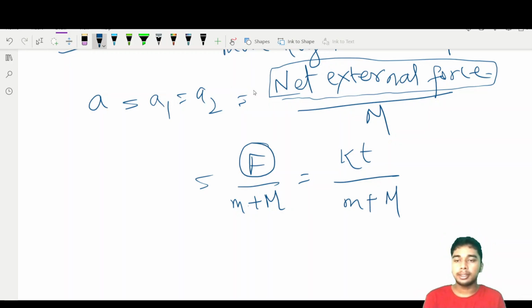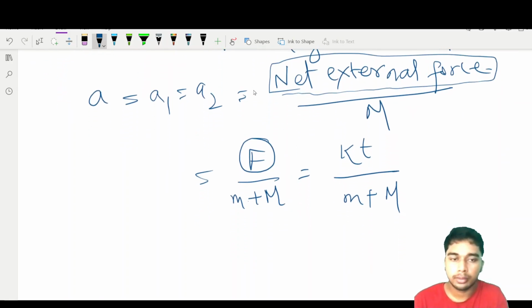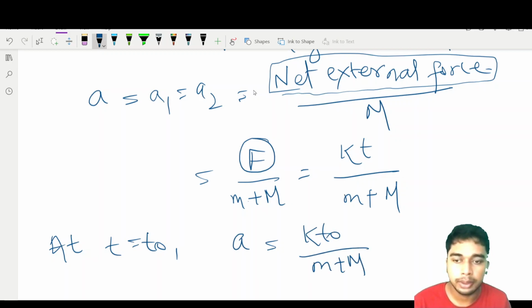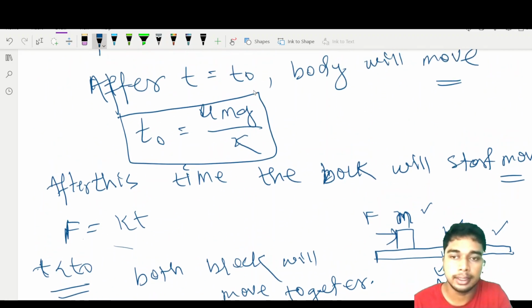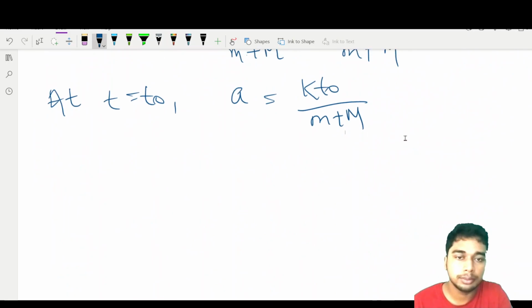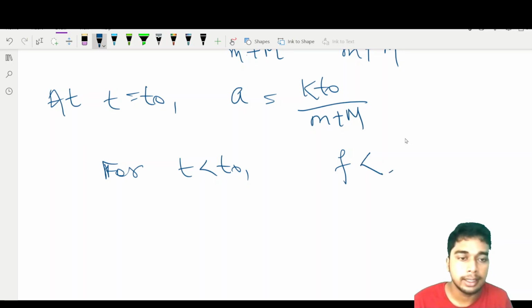So I have already discussed that there will be a certain time. If I see here at t equal to t naught, the acceleration is equal to k t naught by small m plus capital M. In this situation, the concept behind this type of discussion is that the body will not move, because for t less than t naught, I will find that the frictional force acting is less than mu mg.